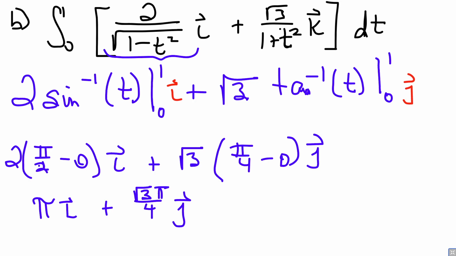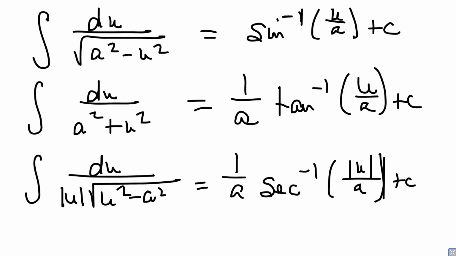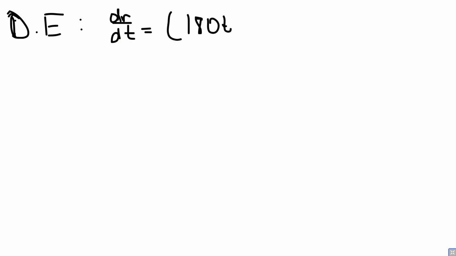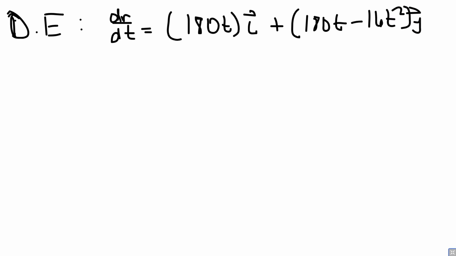If we take a look at this particular problem, our differential equation is defined as dr/dt is equal to 180t in the i direction plus 180t minus 16t squared in the j direction.